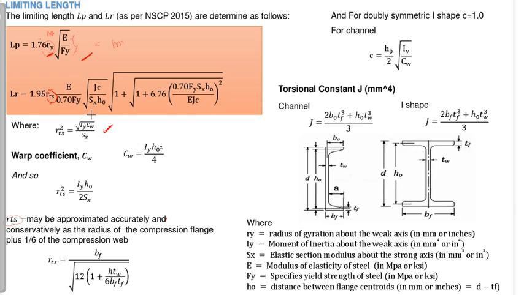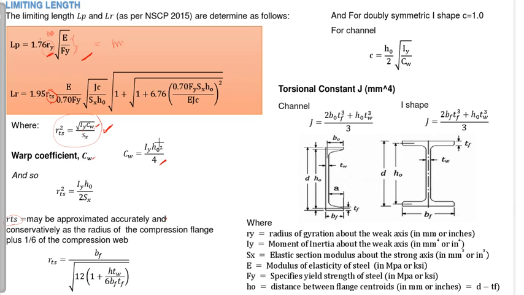So, ito yung equation natin for solving RTS. So, in terms of IY and ang CW, di natin alam yung CW. This is the warping coefficient. So, meron kasing possibility of warping. And CW is given by this formula.